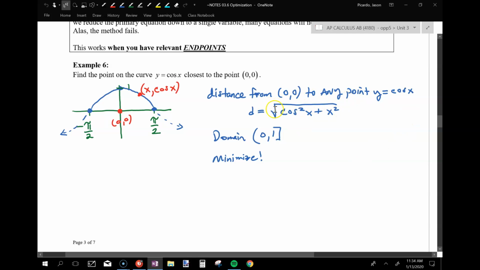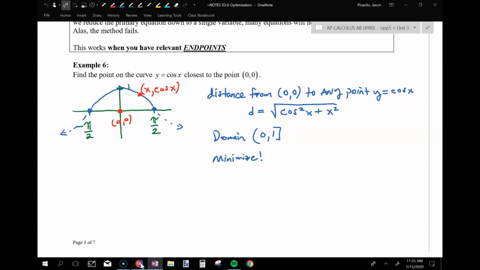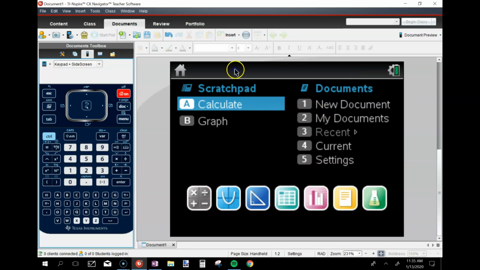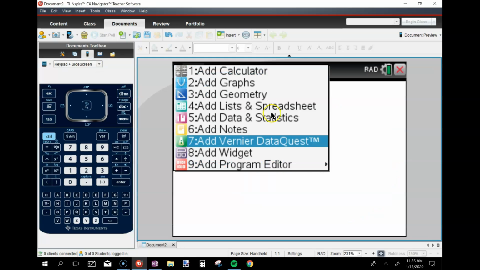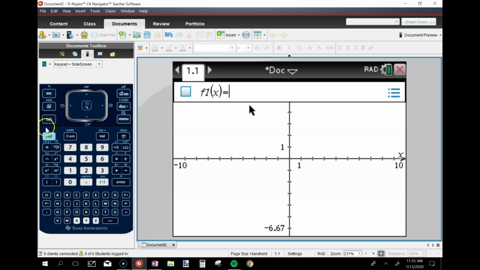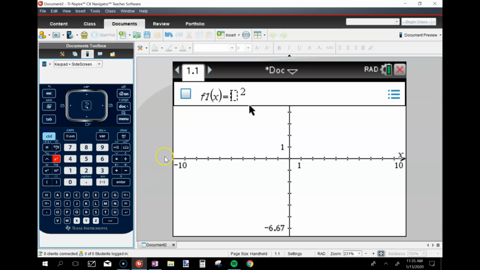Well, this is the graph that I want to know the minimum of, right? Well, can I just graph this and find the lowest point? On what interval? 0 to 1, right? So were this a graphing calculator question, we would go square root.